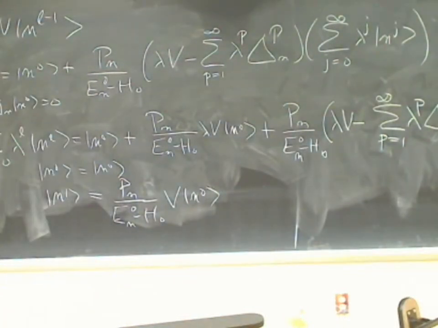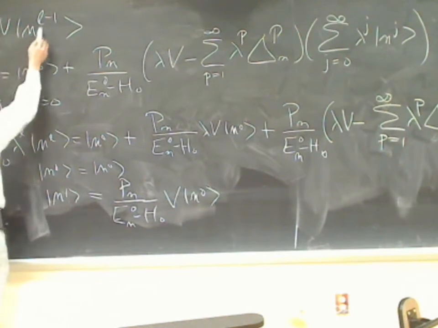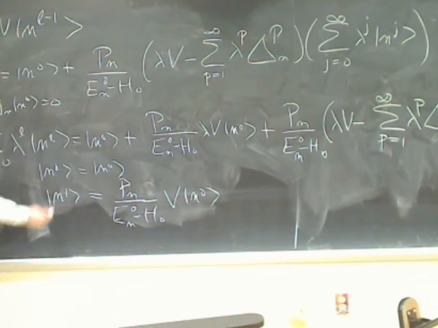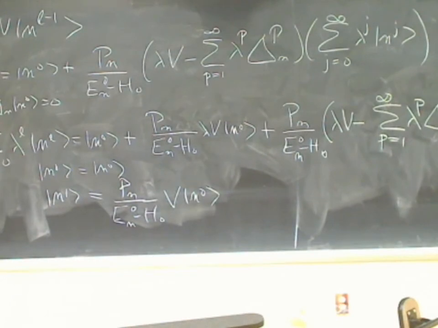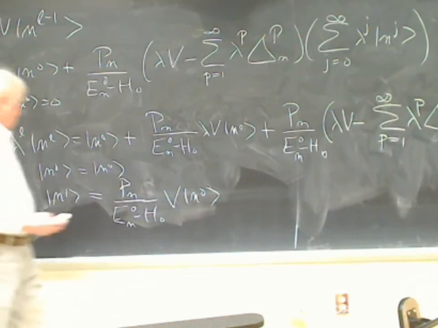Now, we already have a formula over here for what delta Ln is, namely N0 V and L minus 1. But we now have N1 here. So that means that not only do we have the first order energy correction, but the first order correction to the state almost immediately gives us the second order correction to the energy.